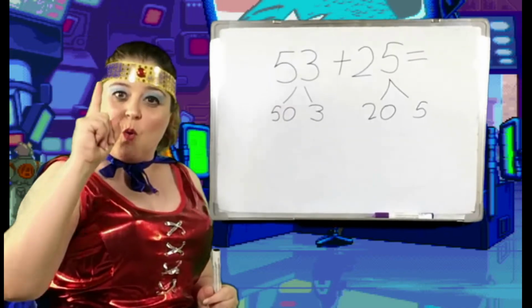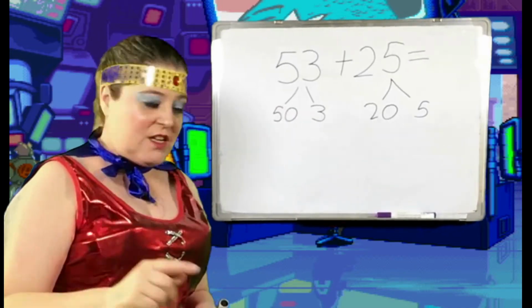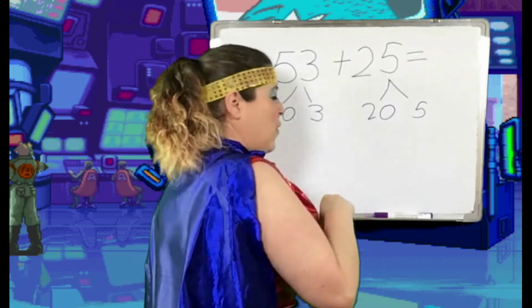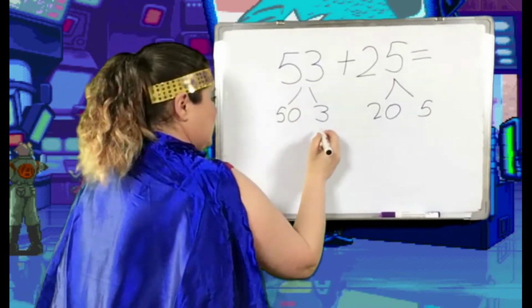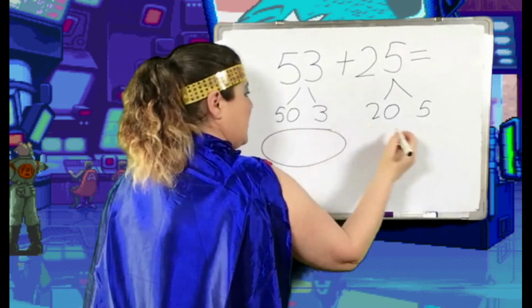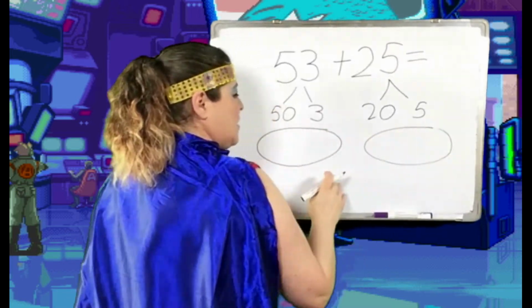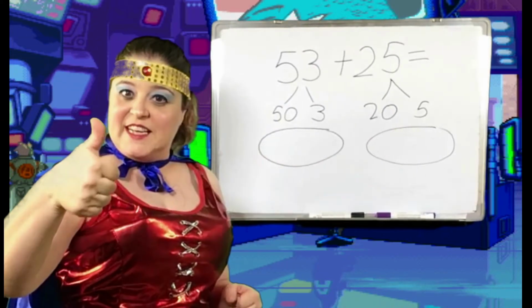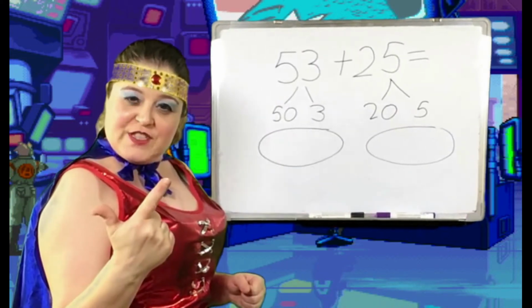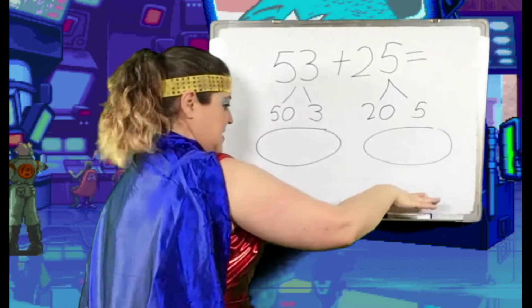Okay, so first we partition. Then we draw 2 circles. A circle over here and a circle over here. Partition, draw 2 circles.